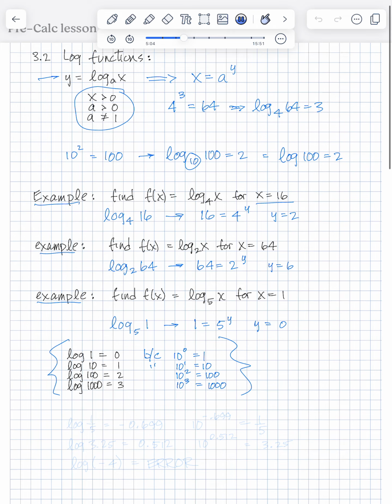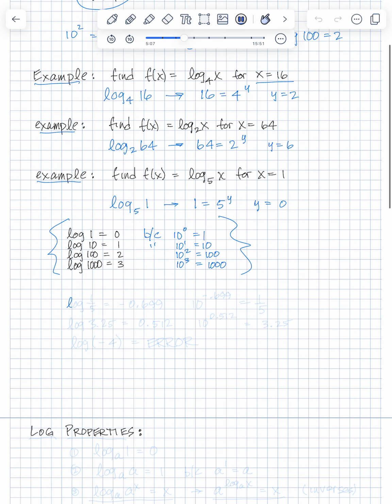Now some more examples you can do on your calculator. So log of 1/5 is equal to negative 0.699, or you could say 10 to the negative 0.699 is equal to 1/5.